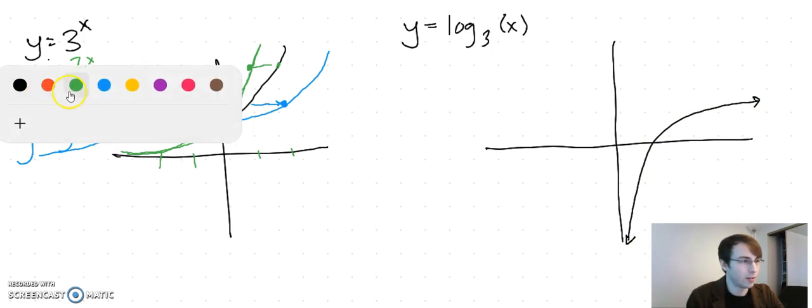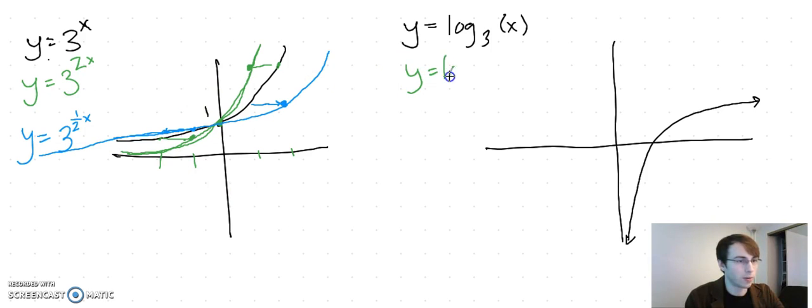When we do y equals log 3 of 2x, now when we plug in 1 for x, we actually get the y value that was originally at the point where x is 2. So let's find our point x is 2. Now this ends up going here, and we end up crossing at a half instead.